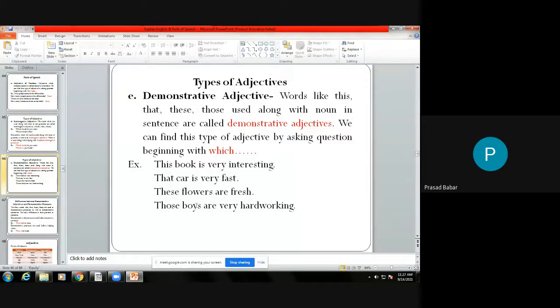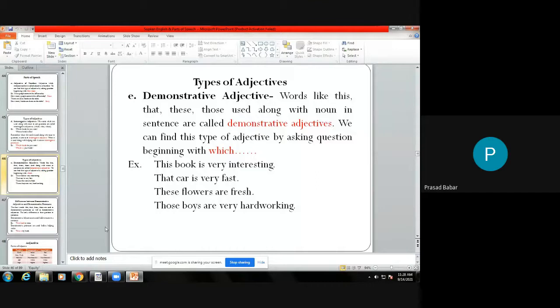Okay, so let's see it with the example. Example is, this book is interesting. Okay, so here this came along with the book, which is a noun in a sentence. That is why this, in this sentence, works as a demonstrative adjective.